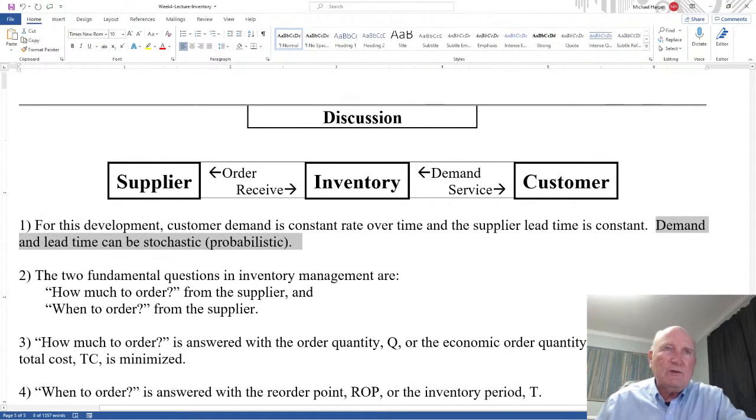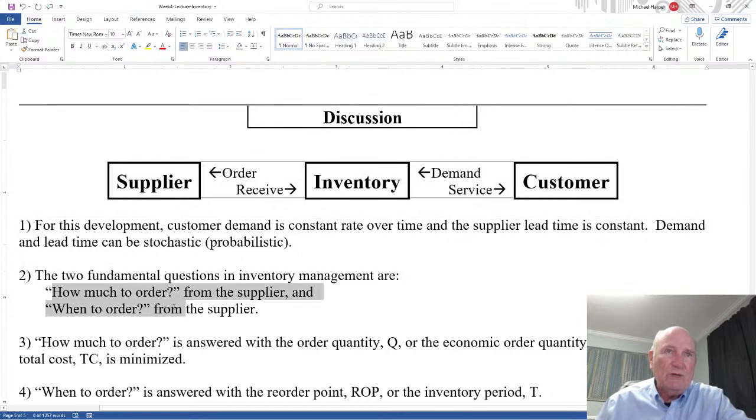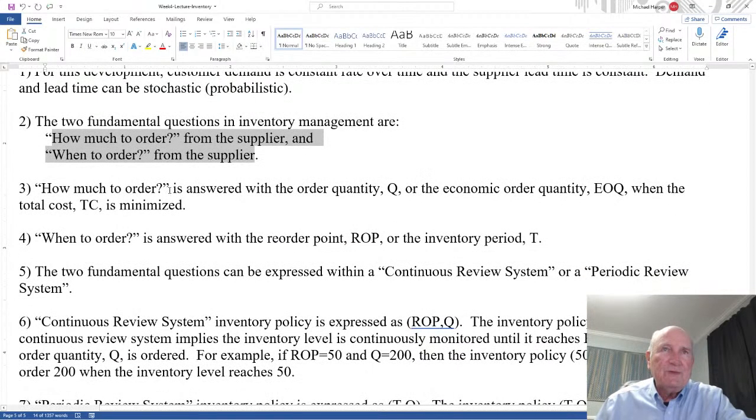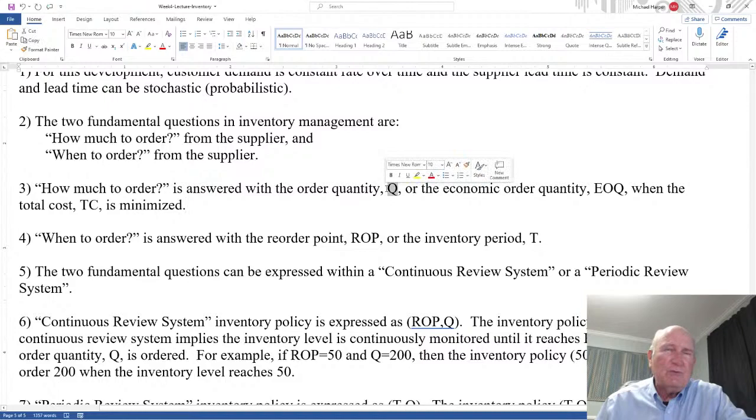Okay, the two fundamental questions of inventory theory are: how much do we order from the supplier, and when do we order from the supplier? How much and when? How much to order is answered with the order quantity Q, or the economic order quantity EOQ, when the total cost TC is minimized. So Q when you just want a Q, but EOQ when you want to minimize your total cost.